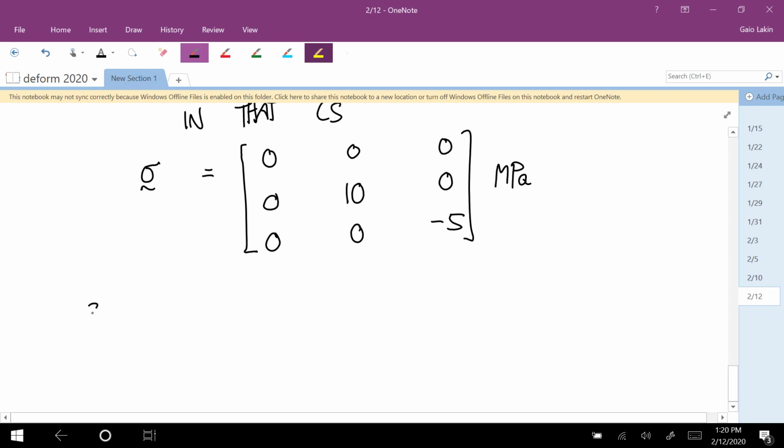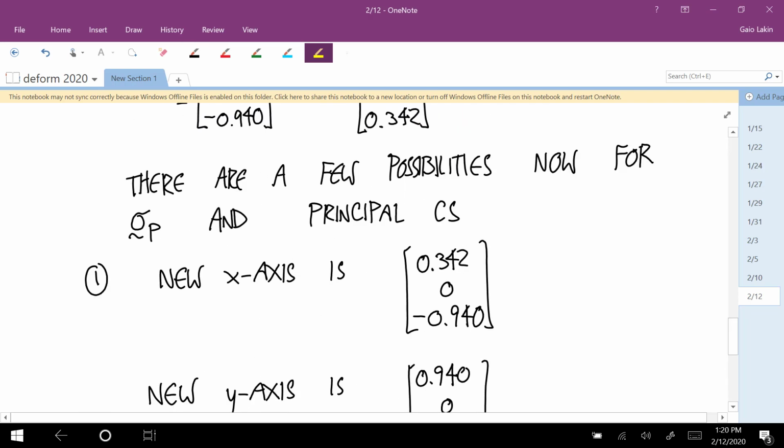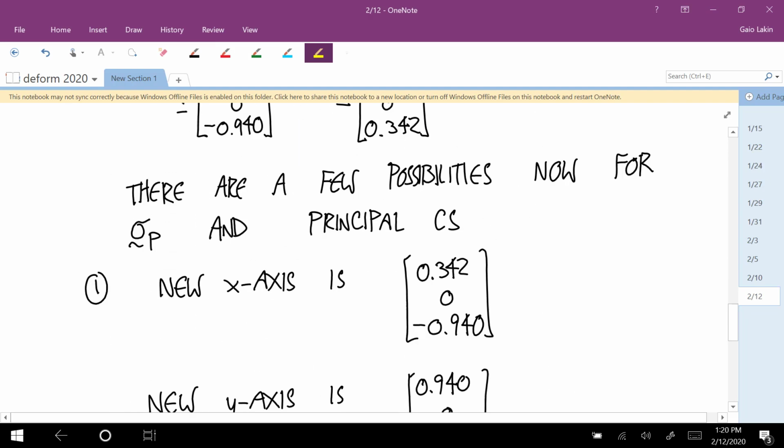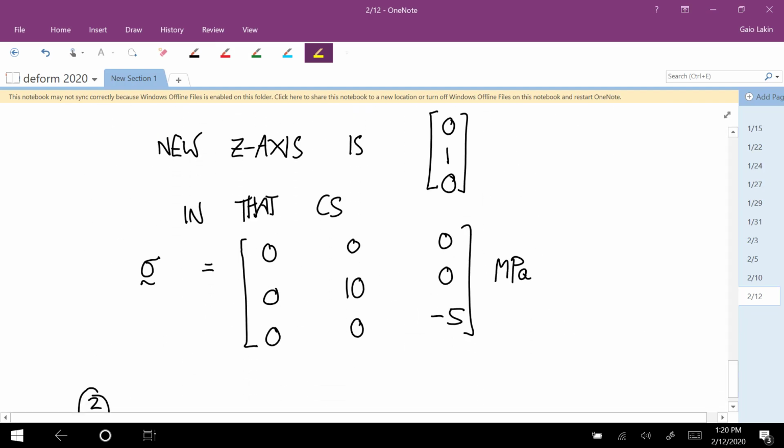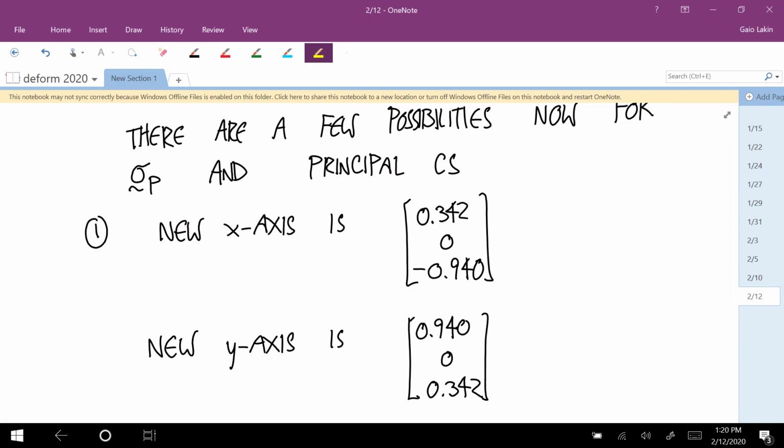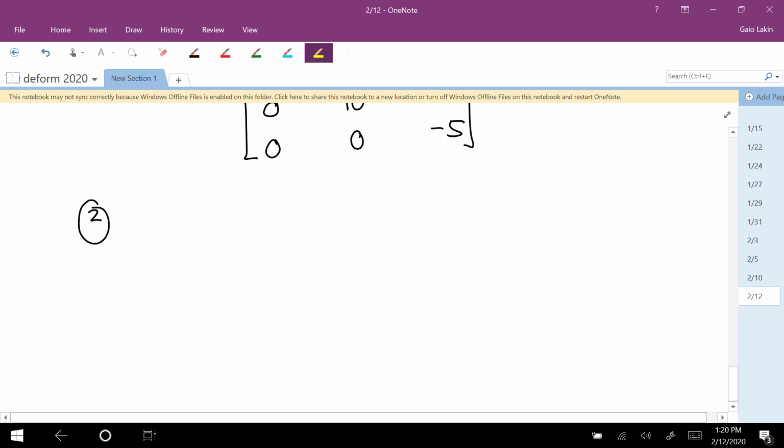We could say that we want the x-axis to be, this is the one that's closest to the x-axis. Okay. So maybe we want to make that our new x-axis so we don't have to rotate them as much.